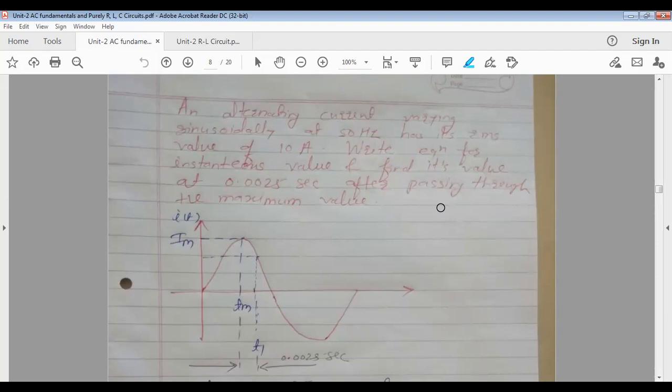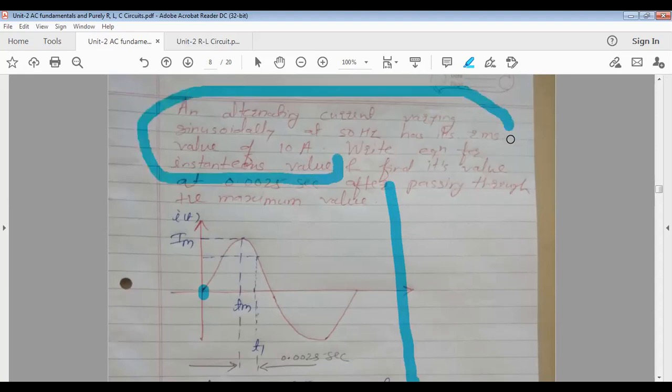An alternating current varying sinusoidally at 50 Hertz has its RMS value 10 ampere. Write the equation for the instantaneous value and find its value at 0.0025 seconds after passing through maximum value. Nothing is given, which means by default consider your waveform starts from origin. Up to the first part, can you calculate the instantaneous current equation?